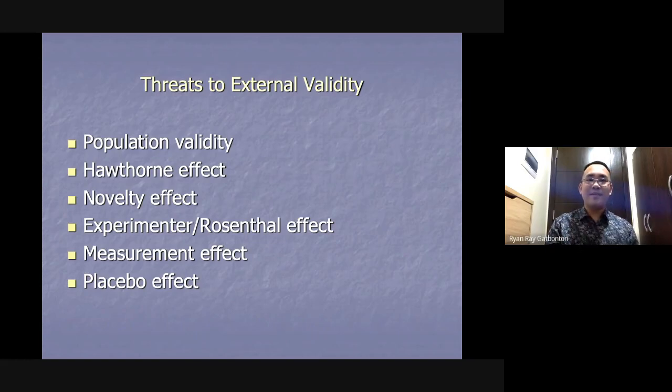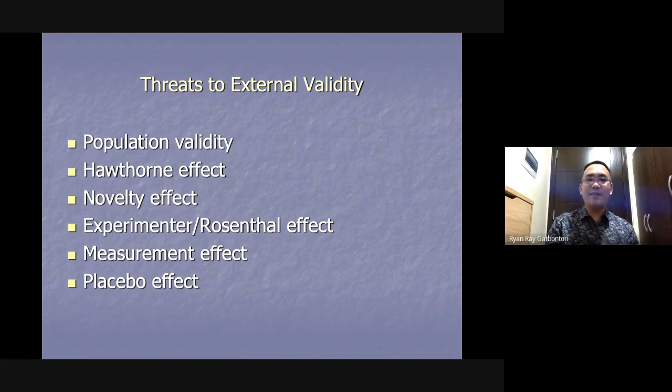No? So the Hawthorne effect would tell you that they found out that those people who were observed were behaving differently because of the fact that they were being observed.